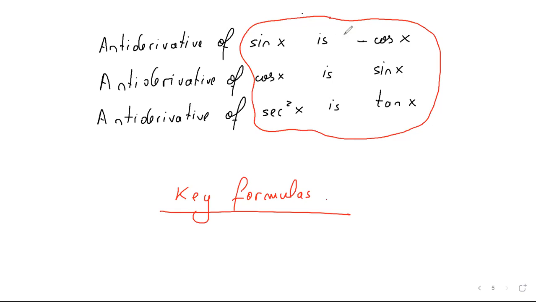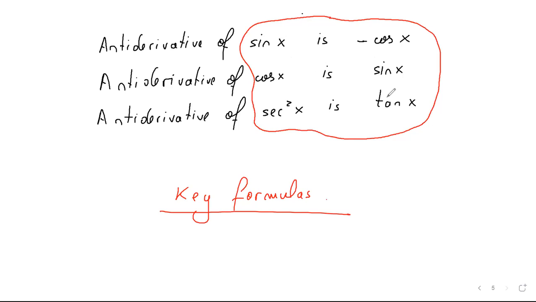So the antiderivative of sine is negative cosine. The antiderivative of cosine is sine. The derivative of cosine is negative sine. So we have minus cosine for sine x. For cosine x, we have positive sine x for the antiderivative. And secant squared is tangent.